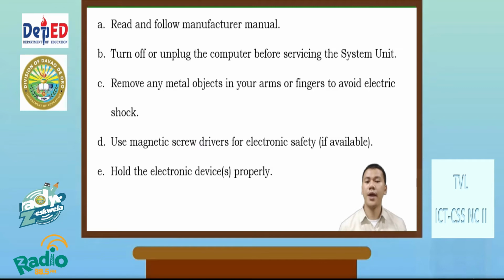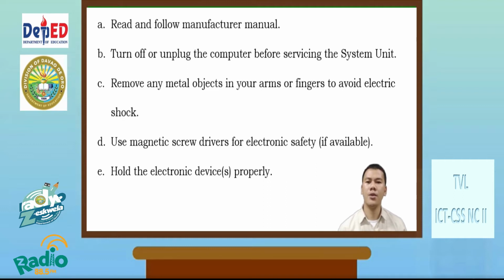We have letter A, read and follow manufacturer manual. B, turn off or unplug the computer before servicing the system unit. C, remove any metal objects in your arms or in your finger to avoid electric shock.